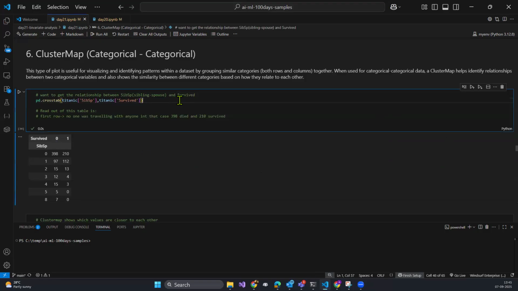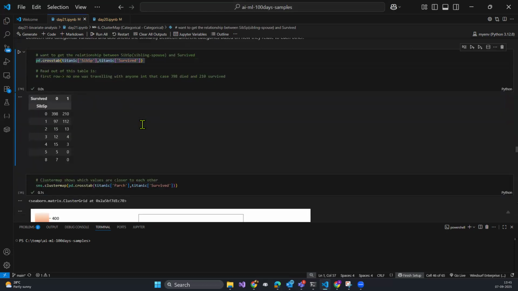For example, we want the relationship between sibling or spouse and survived. Wherever we have a sibling or spouse, what was the ratio of survival? These two, sibling-spouse and survived, are categorical. In this table, where we had no sibling or spouse, not survived was very high and survival was less.